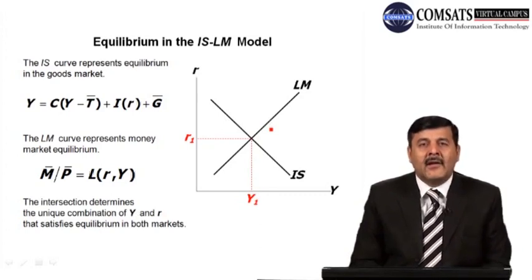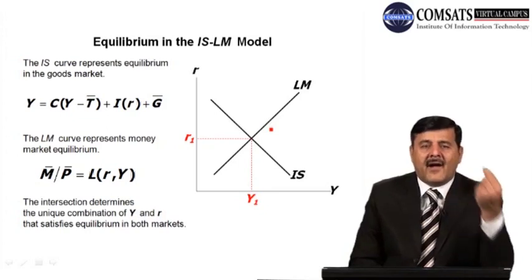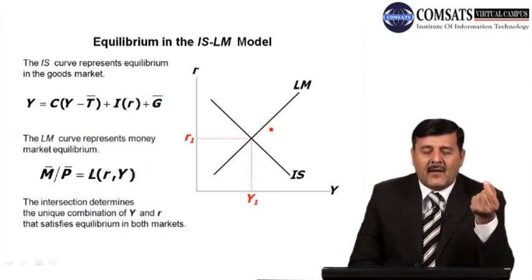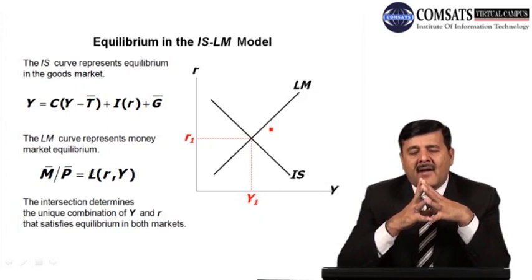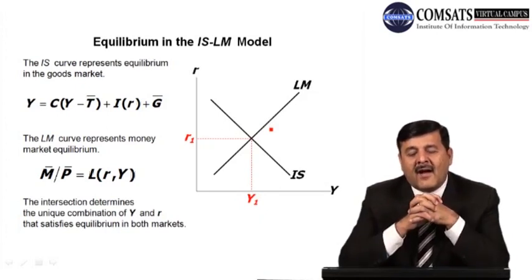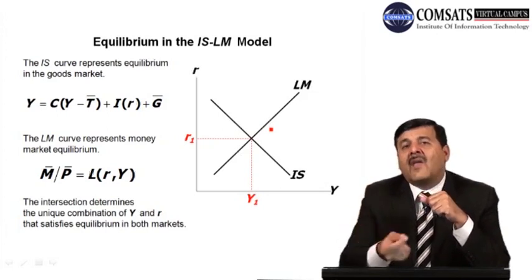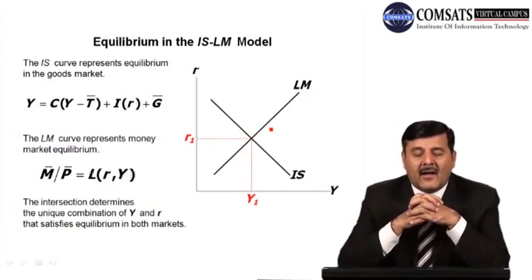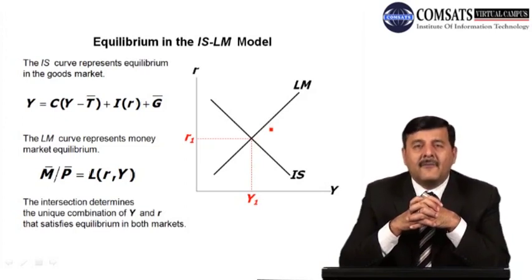The intersection of both these curves determines a unique combination of r and Y that satisfies the equilibrium condition in both markets. When we combine both curves in one diagram, as you can see, this gives us a unique combination of the interest rate and income that satisfies equilibrium in both the goods market and the money market.